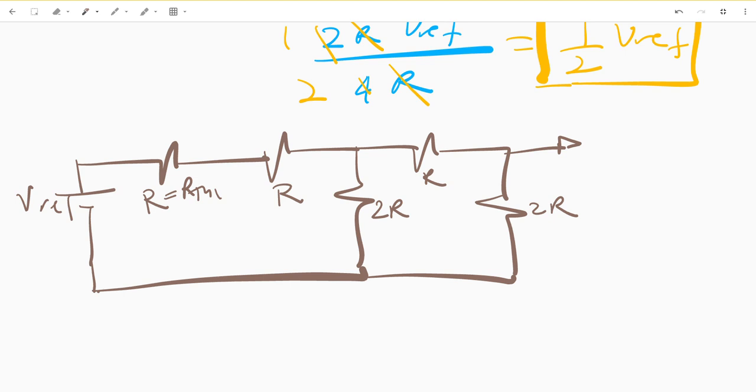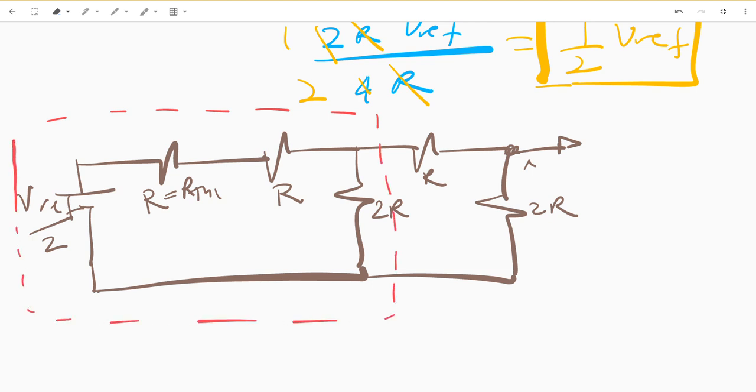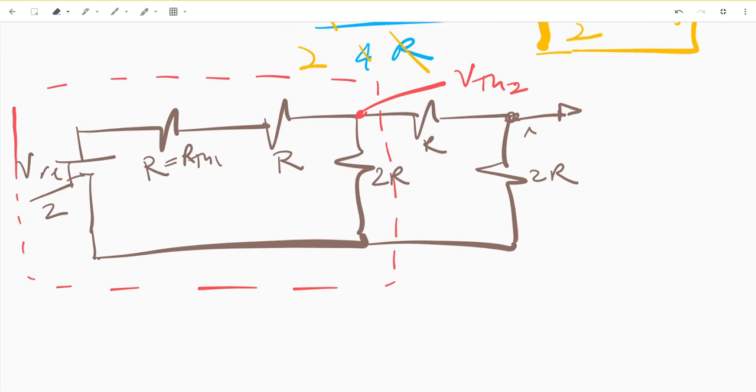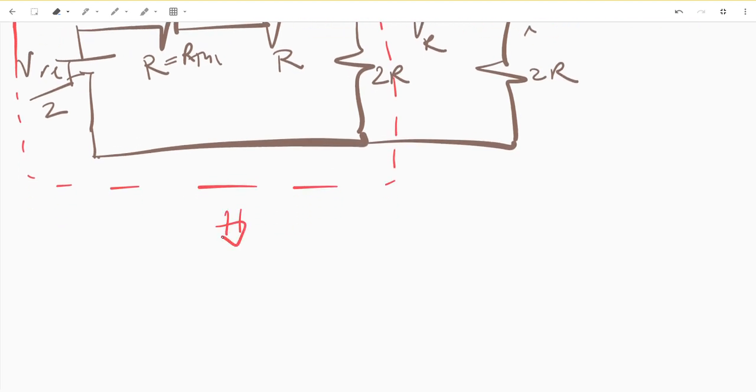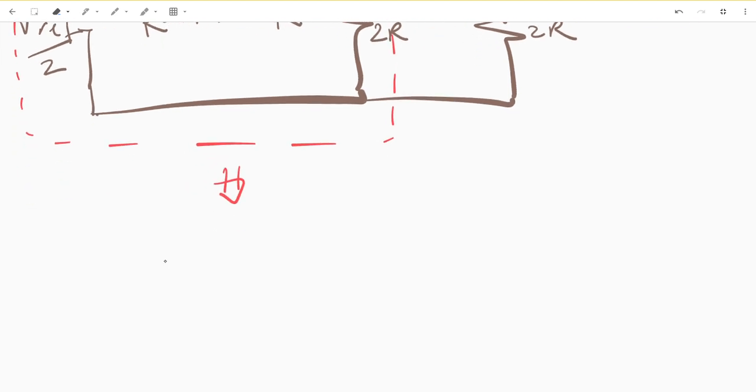And this is Vref over 2 now. Then we want to basically analyze this portion of our circuit, and we consider this the new V Thevenin, VTH2.